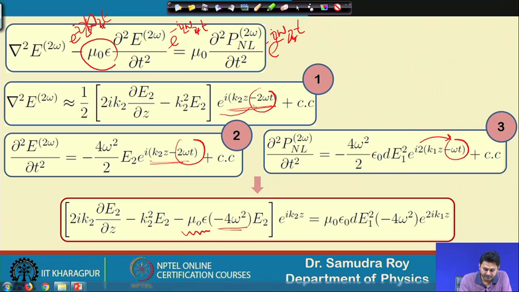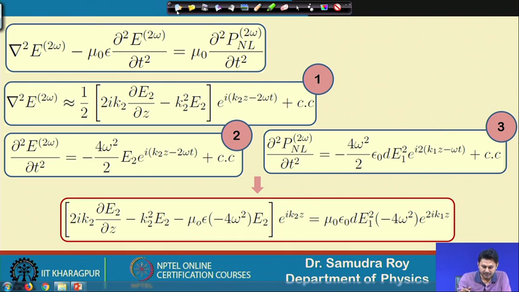So, only we have the exponential term having k2 z. Here we have e to the power I k2 z, but here we have e to the power 2 I k1 z. This is a very important distinction, that in one case we have e to the power I k2 z, but here we have e to the power 2 I k1 z. Okay. What about the other terms? Let us try to find. This term is already there, as I mentioned. From here I replace this, fine. In the right hand side I have the entire term 4 omega square, these two will cancel out.